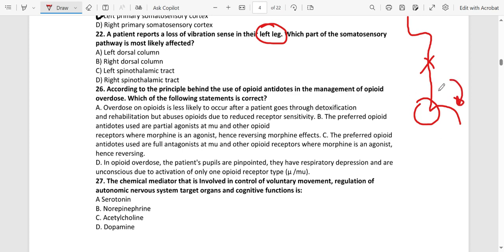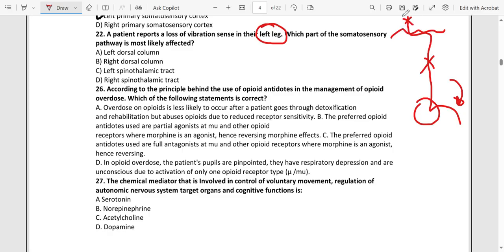For the spinothalamic, it is contralateral. But that applies when the injury is in the spinal cord. Because if the injury is up in the brain, the loss is going to be contralateral, because by that time decussation has already happened. Makes sense, right?